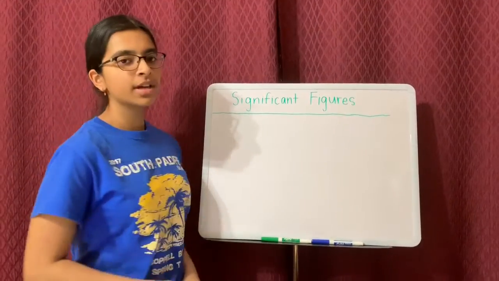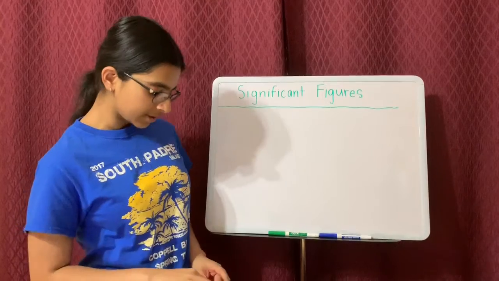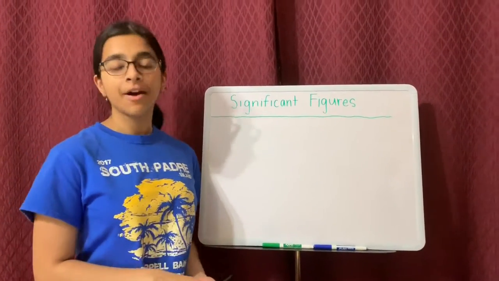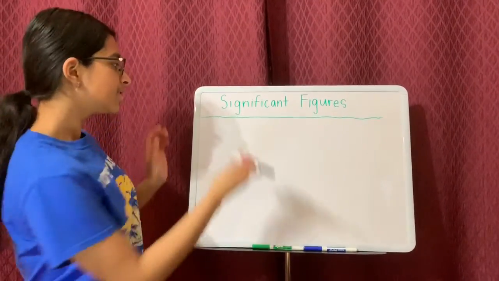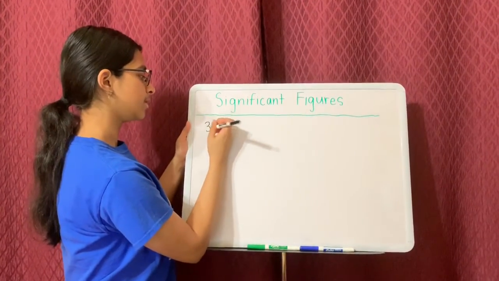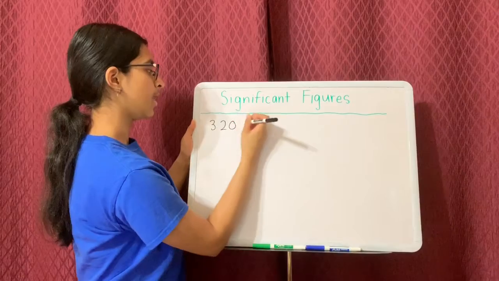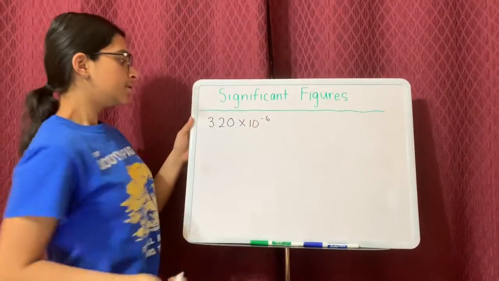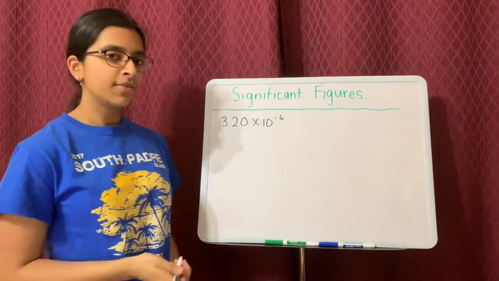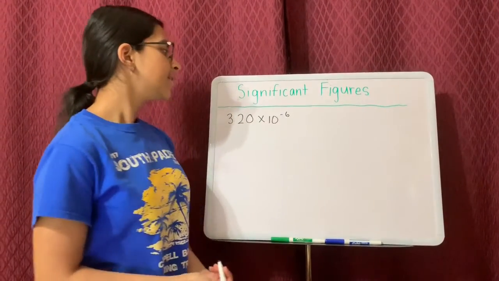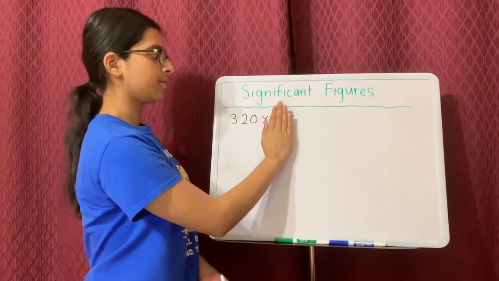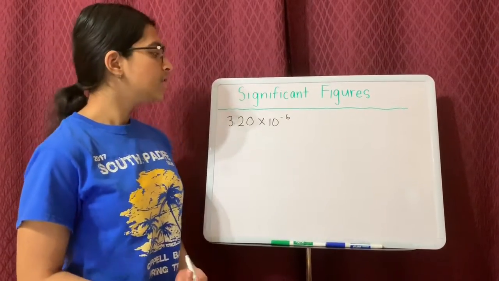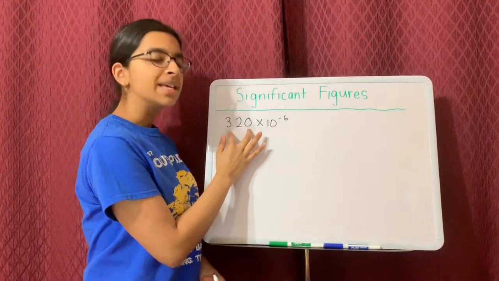Now we have one more consideration. What if we are dealing with a number that's in scientific notation, which we will encounter a lot in chemistry? Let's look at the number 3.20 times 10 to the negative 6. When you're dealing with a number in scientific notation and trying to find the number of Sig Figs, you can pretty much ignore the 10 to the power of whatever part and just focus on the actual base number.